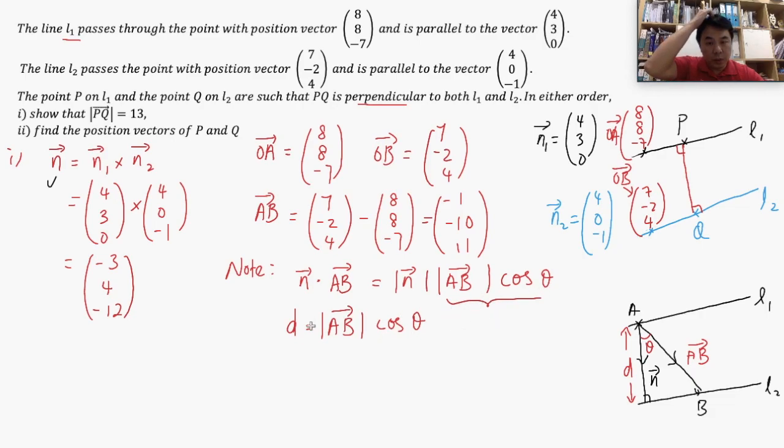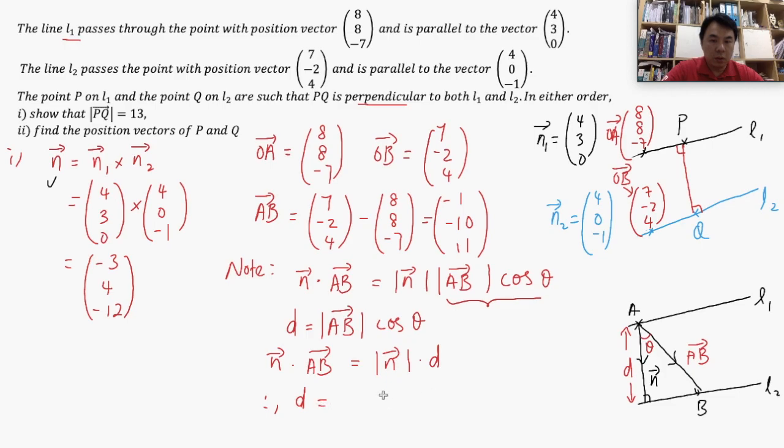So from here we get n dot AB is equal to, in this case, n multiplied by D. And then we're interested to get D itself, the shortest distance.